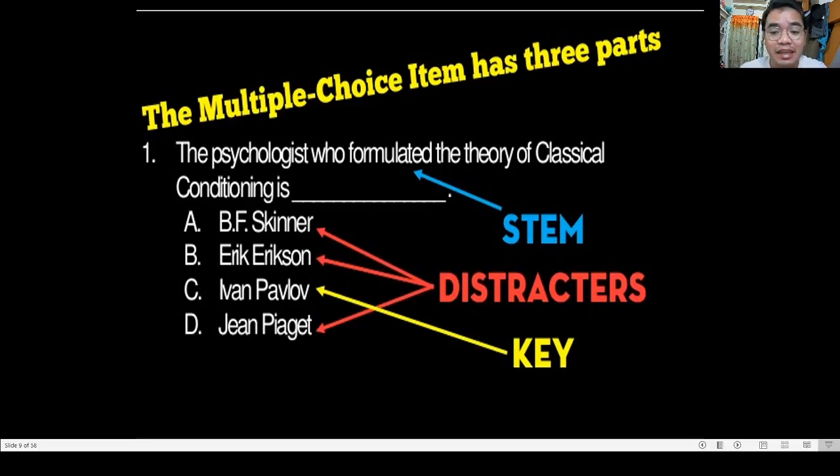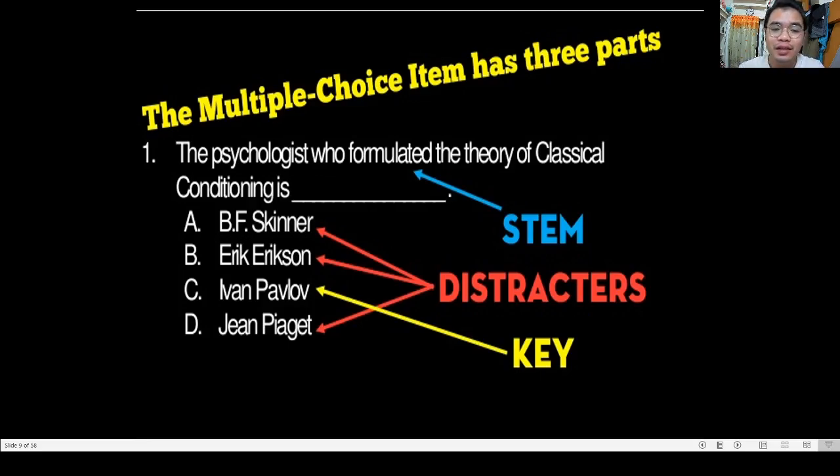Ito yung mga hindi tamang sagot. They are called distractors because they are there to distract the test taker in choosing the correct answer. In other words, people, ang tamang sagot ay tinatawag nating key answer at yung mga hindi tamang sagot ay tinatawag naman nating distractors.